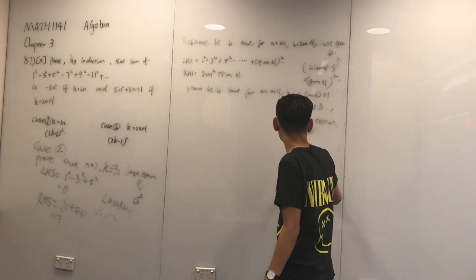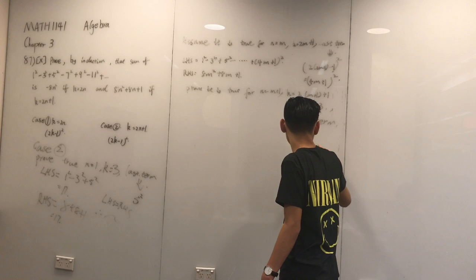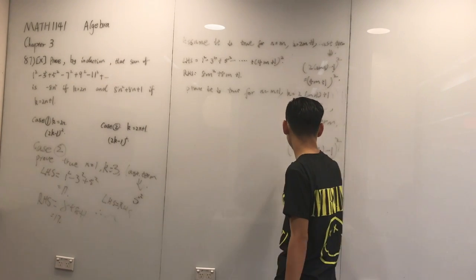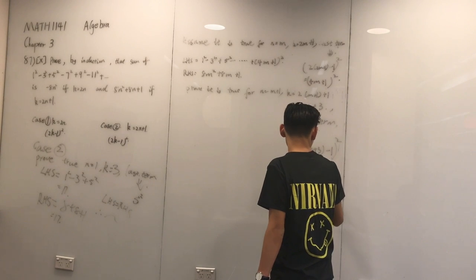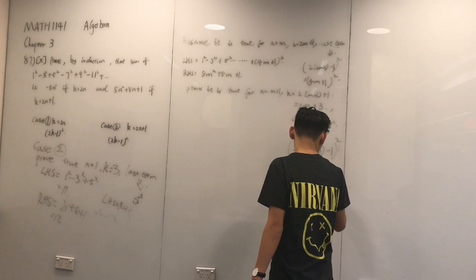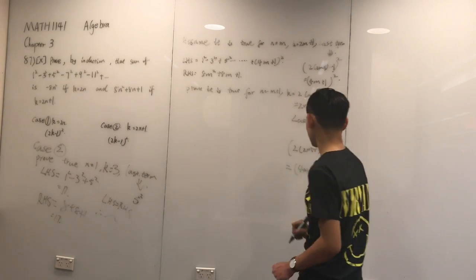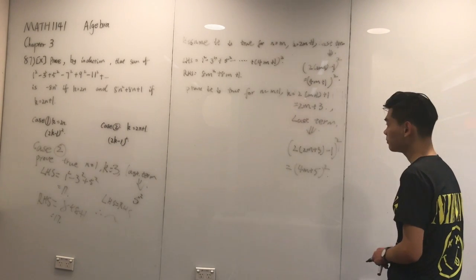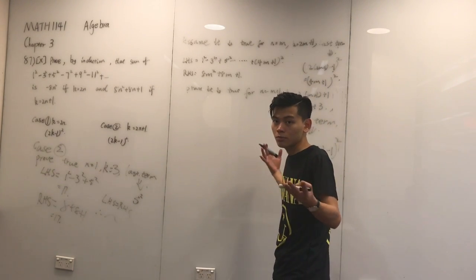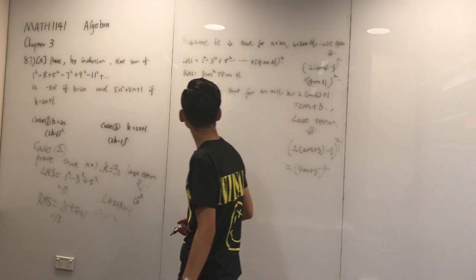So 2k minus 1 squared, 4m plus 5 squared. Right? Now we just prove it, and then basically we're going to finish the question.